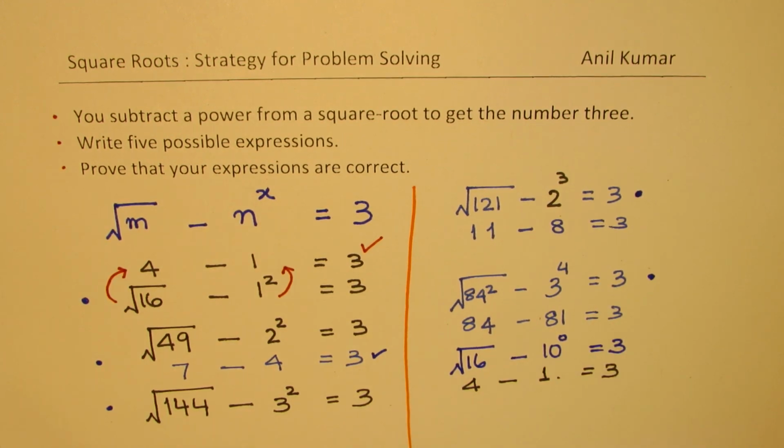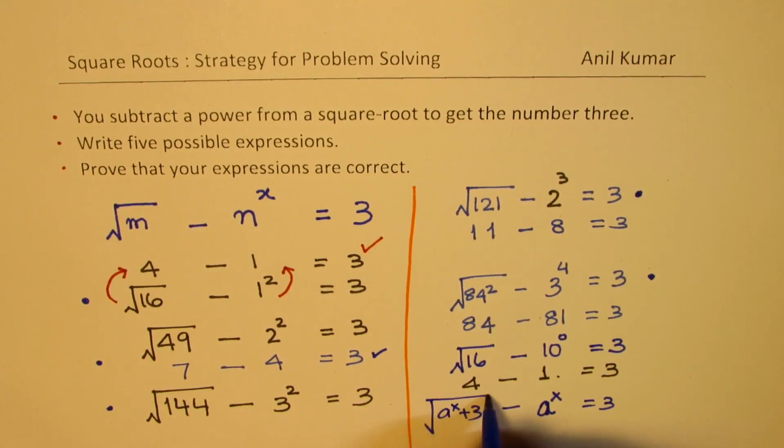Right? So basically, generally what we are doing here is that we are taking a number which is, let us say 8 to the power of x, any number. We want 3 here, correct? So this number here is 3 more than 8 to the power of x, right? So it is 8 to the power of x plus 3 and square root.